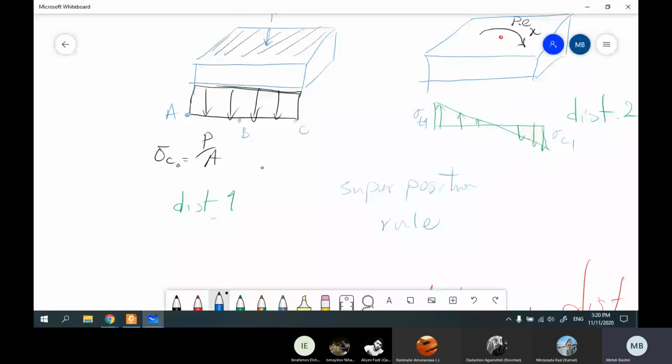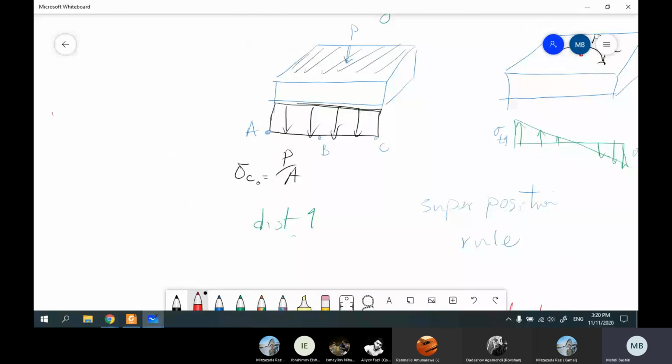What is sigma A? Sigma A, I mean the stress at point A, is sigma C0 plus this one, sigma T1. What about B? At point B, the distribution here is 0, so sigma B is sigma C0, because all of them are uniform and equal, plus 0.